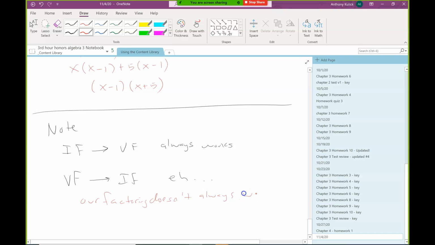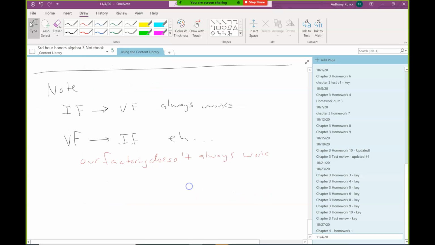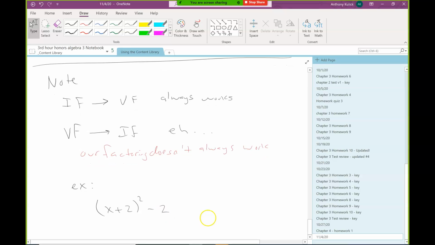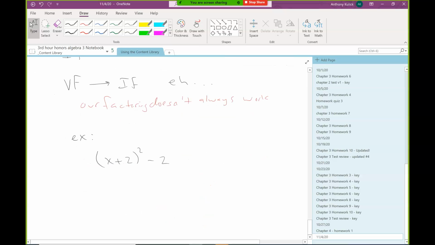So just as an example, let's say we had this. Just doing the same thing that we did before, we know x plus 2 squared foiled out to be x squared plus 4x plus 4. I'm just taking advantage of work that we did in the previous problem to speed things along, to show you guys where the issue comes in.